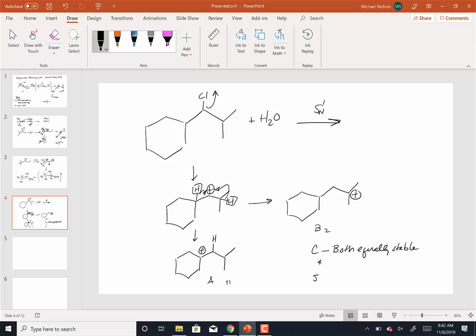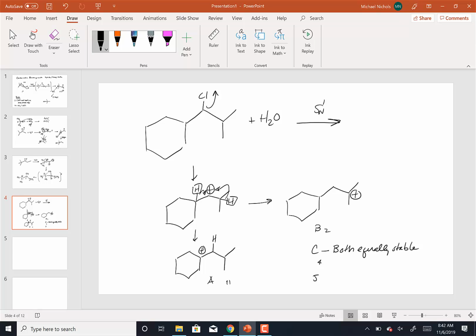Because it doesn't matter if it's methyl, ethyl, or 100 carbon chain. They're all the same. So in this case, I'm going to get both A and B equally.